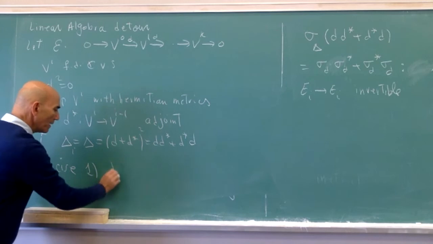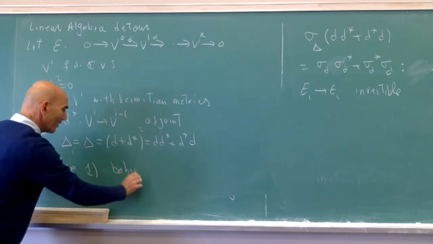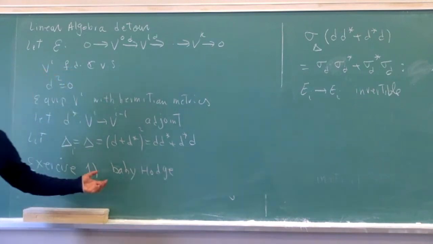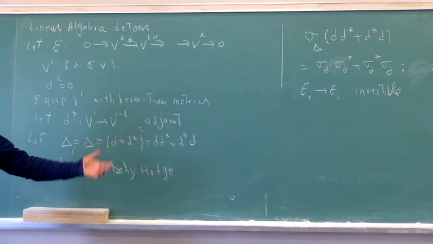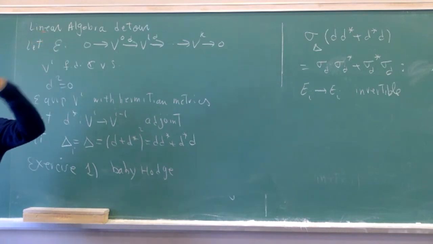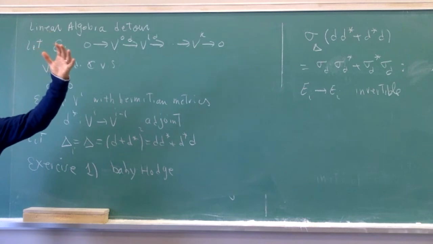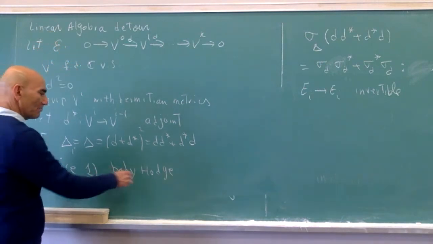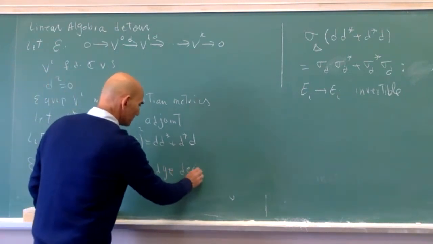So I call this baby Hodge decomposition, because the level of difficulty of proving this compared to the Hodge decomposition we are going to do is like from 0 to infinity. But the idea is very, very similar.